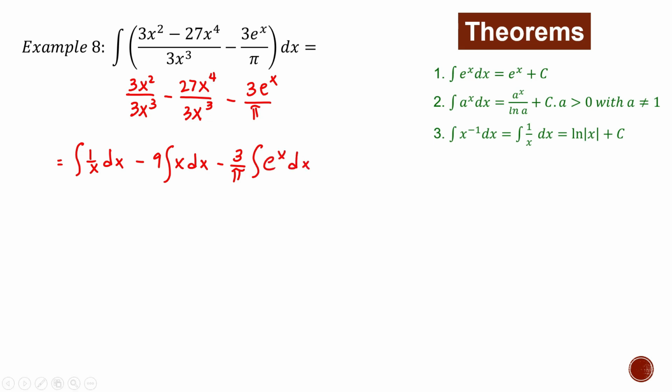Now you can see this is from the original problem. It looks like, oh, that's kind of difficult, but it's not really difficult. So equals ln of absolute value of x minus 9x raised to 2 over 2 minus 3 e raised to x over pi plus c. And that is going to be our final answer.